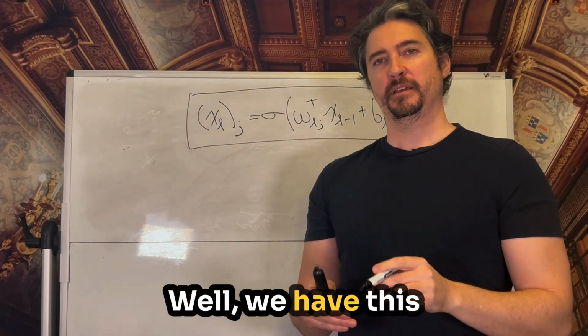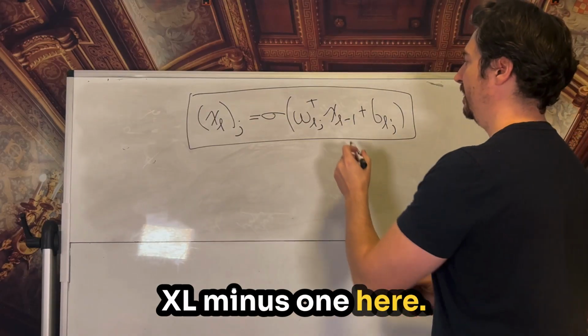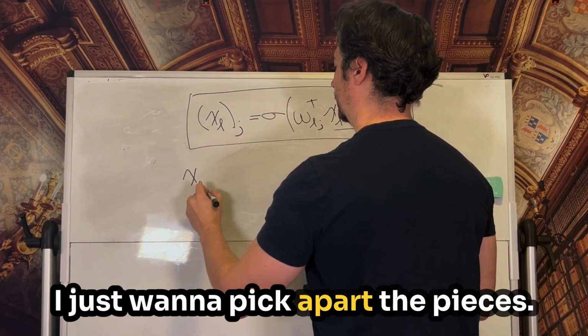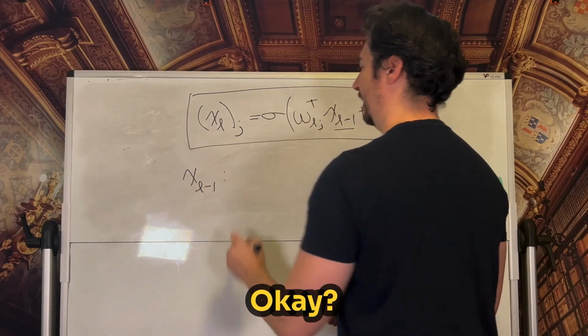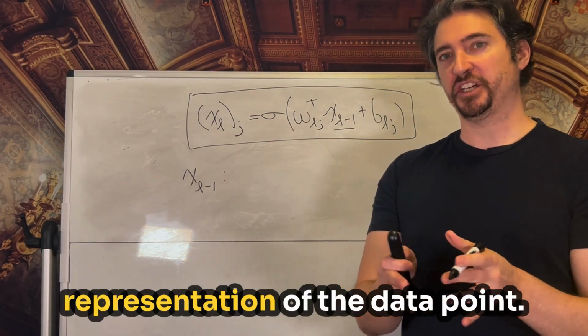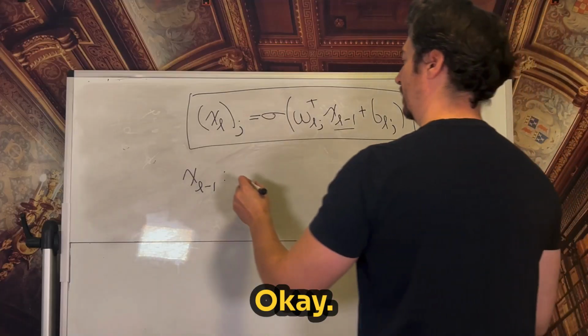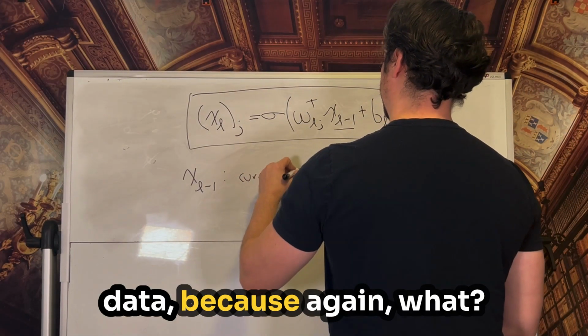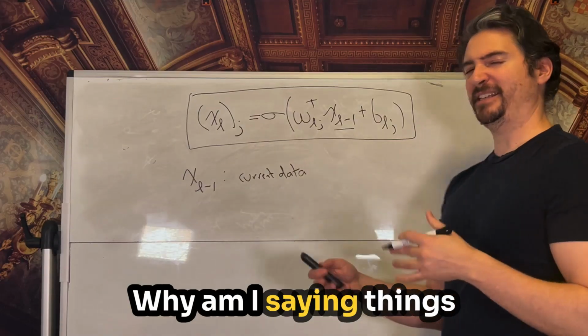Now, what do we have here? We have this X of L minus 1. I just want to pick apart the pieces so you know what each thing is. This is the current representation of the data point, so I'm going to call that current data. Why am I saying current data?